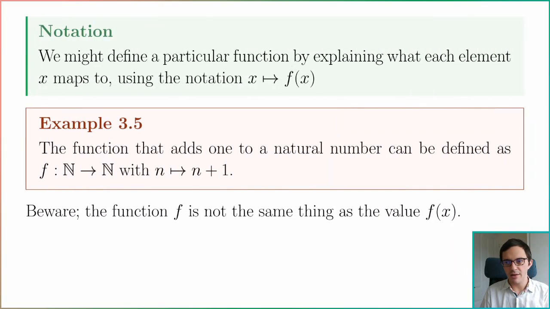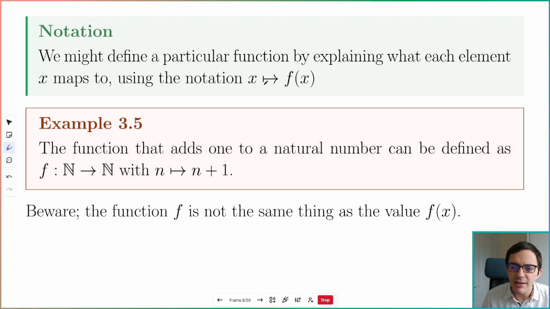Okay, I've got another example, and I want to show you some notation as well. When people are showing what happens to a particular element of the domain, you sometimes see this arrow with a little vertical line on the left like that. So x maps to f of x is how you read that. So I've got an example of that.